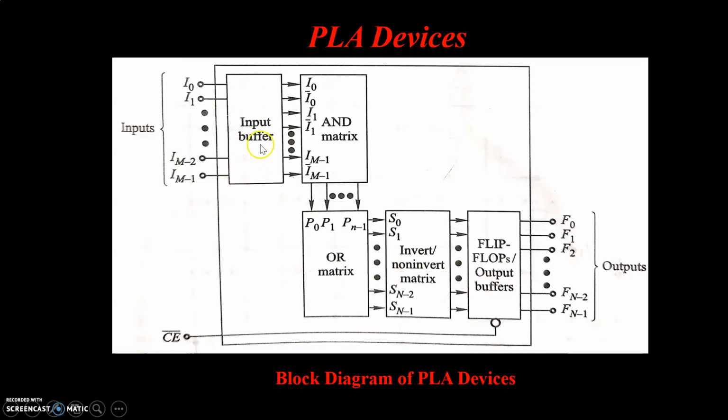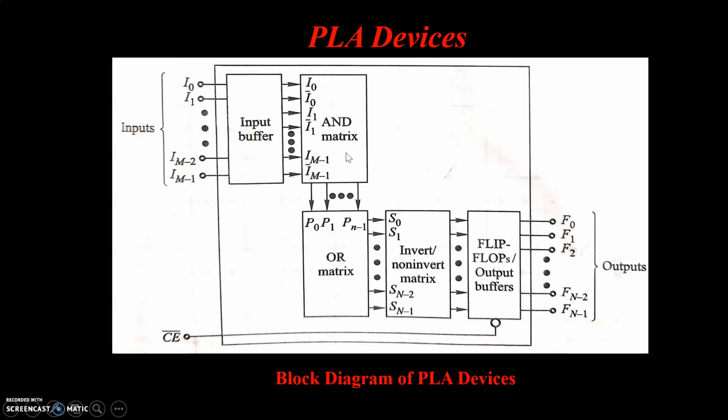Here, for the input buffer there are m number of inputs, whereas the outputs of the input buffer are 2m, where each input coming to the input buffer is available at the output in complemented and non-complemented form, and this output of the input buffer is available as an input to the AND matrix.